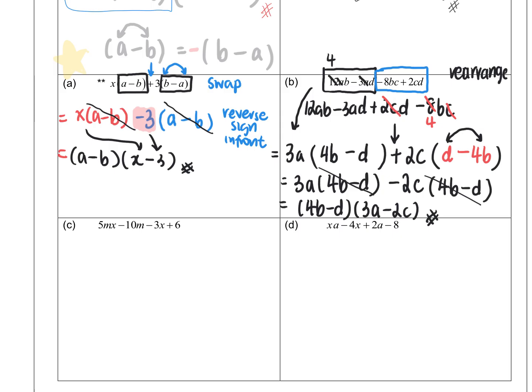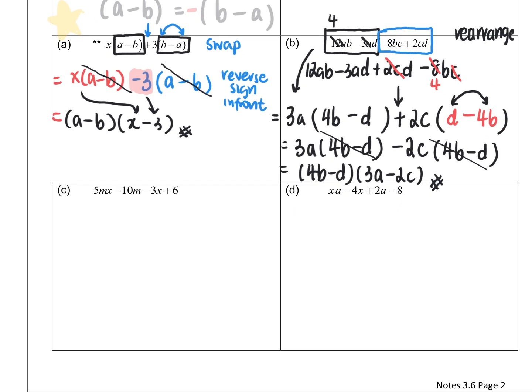Okay, let's continue. When you have 4 terms, let's deal with it 2 by 2. So the first one is easy. I take out the 5m. So what am I left with? X. Yes, minus 2.